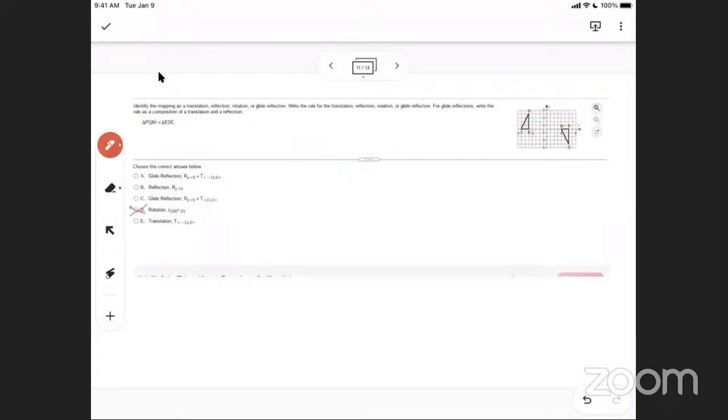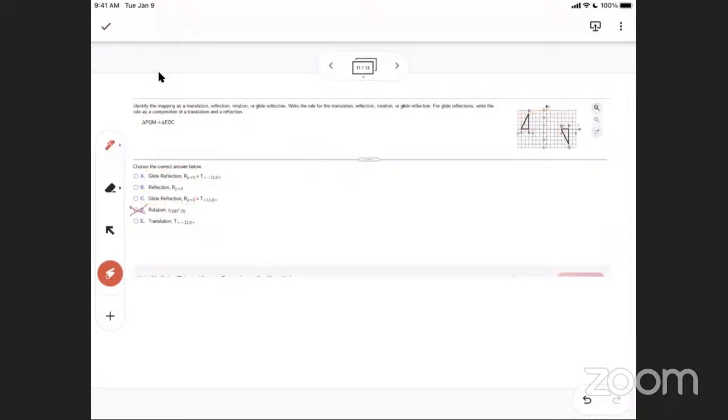That's right. So you can see with the glide reflection, it's over y equals 0. What does y equals 0 mean? Remember what I said y equals 0 is? It's the x-axis. Okay. Yeah. So that's how they say a reflection over the x-axis.